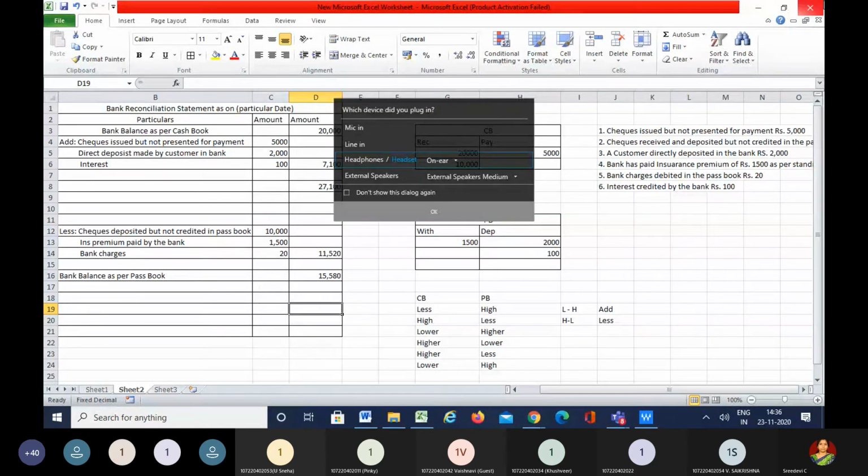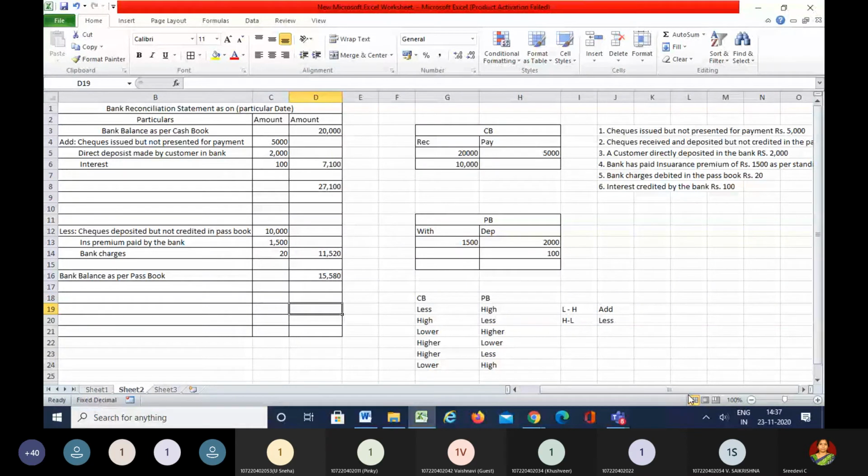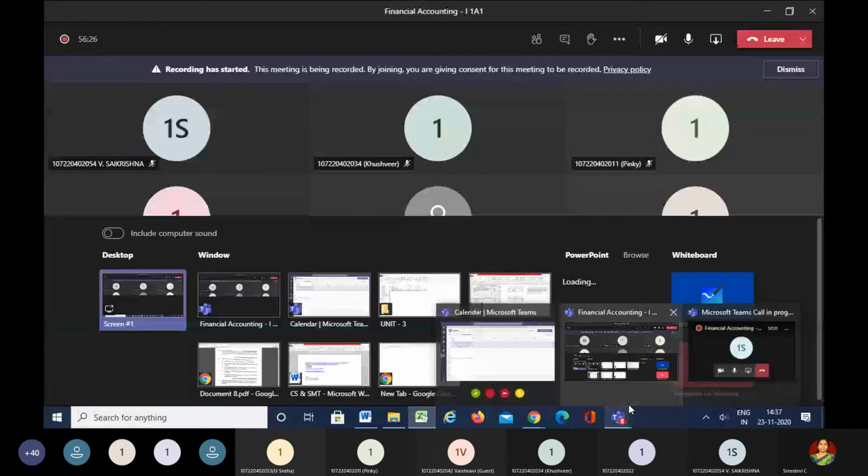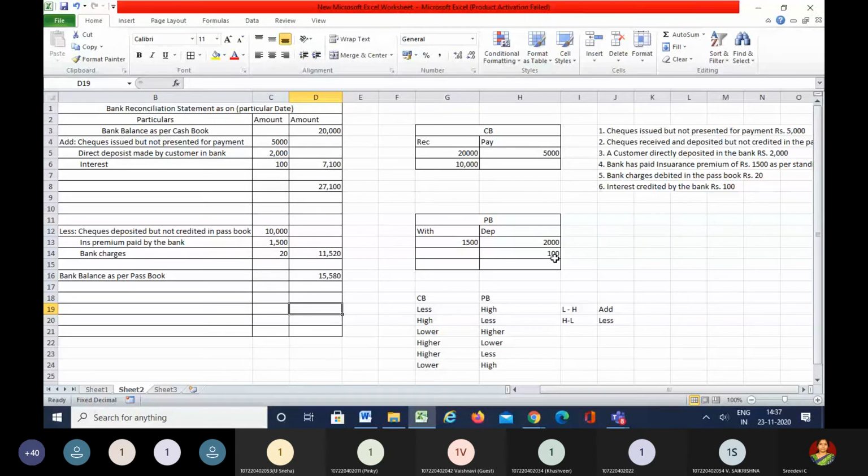Okay, so no doubts, right? Yes, ma'am. So now the similar procedure has to be followed even if you are doing a problem wherein the bank balance as per the passbook is being given. Now let us assume that instead of this cash book we have the passbook here.